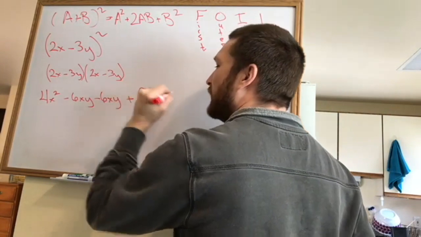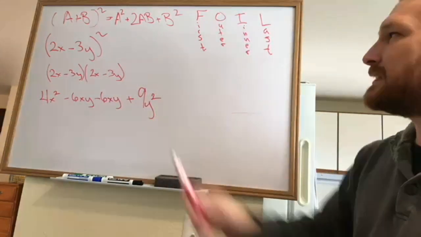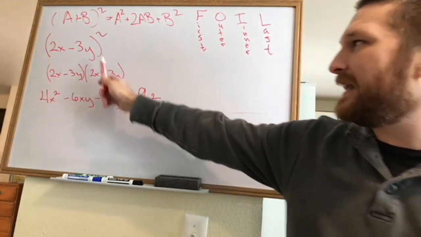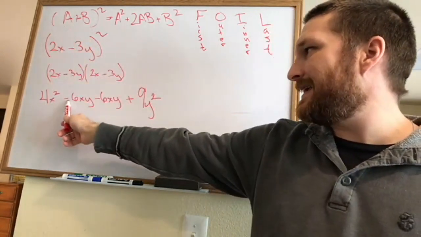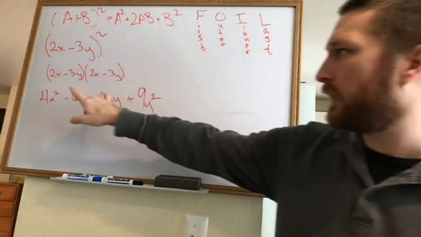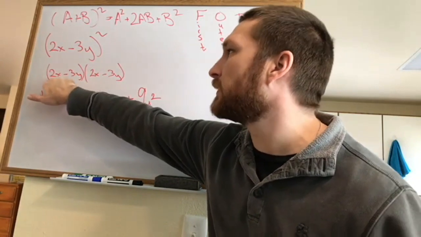This is why I wanted to do this, because there's something that happens. It's almost exactly the same formula. The only difference when you have a negative in between them and when you have a positive is that this term is negative. Because if you think about it, you're squaring something. It doesn't matter if it's negative or positive, you're multiplying it by itself.